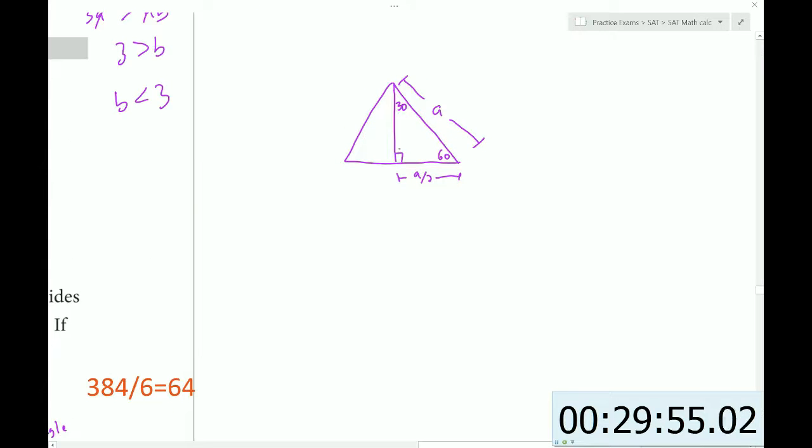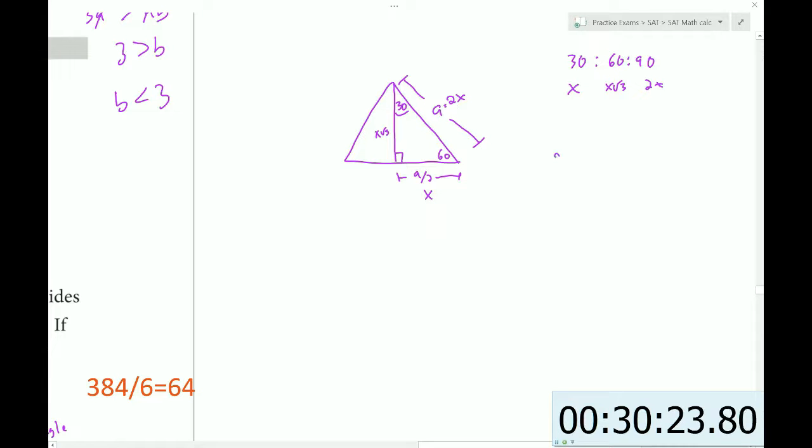So the height, if you remember your rule for 30, 60, 90 triangles, you have x, x rad 3, and 2x for the ratio of sides. And that can be derived with trigonometry. So basically opposite the 30-degree angle is x, opposite the 60-degree angle would be x rad 3, and opposite the 90-degree angle would be 2x.